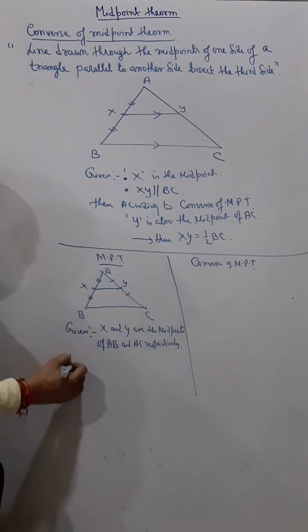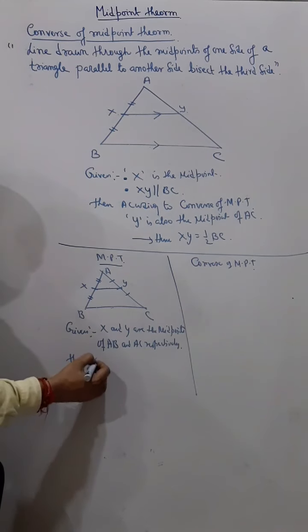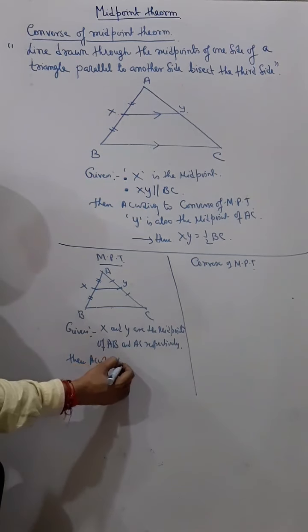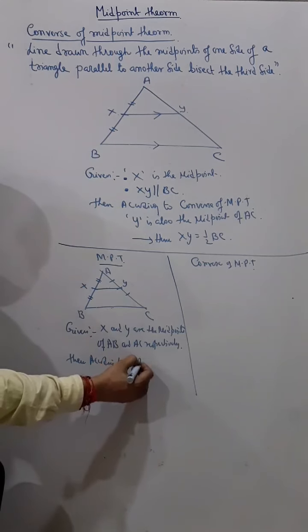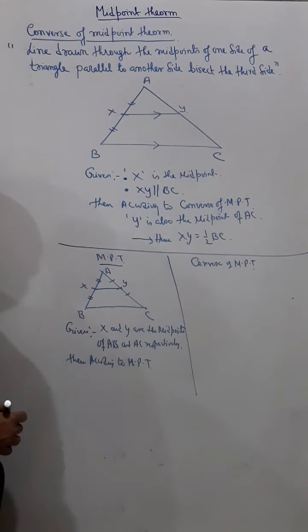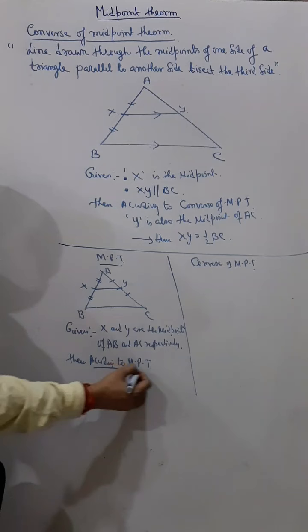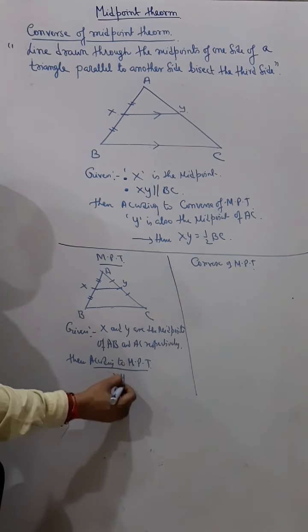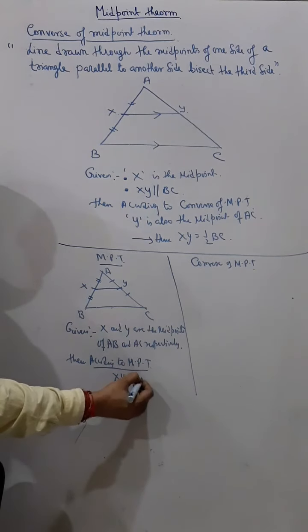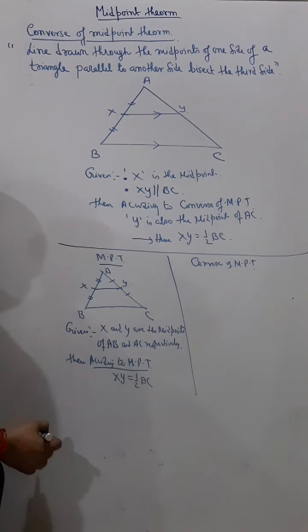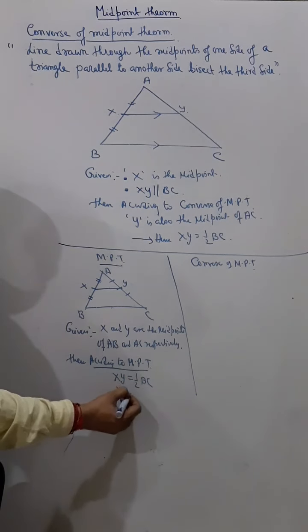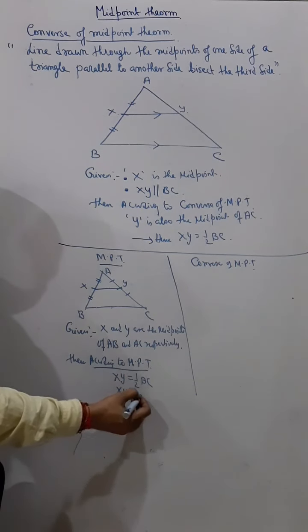Then according to the midpoint theorem, I can say that XY is half of BC and XY is parallel to BC. Okay, so this is the midpoint theorem.